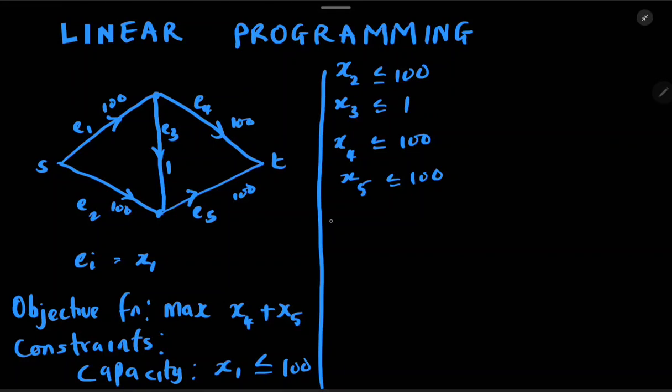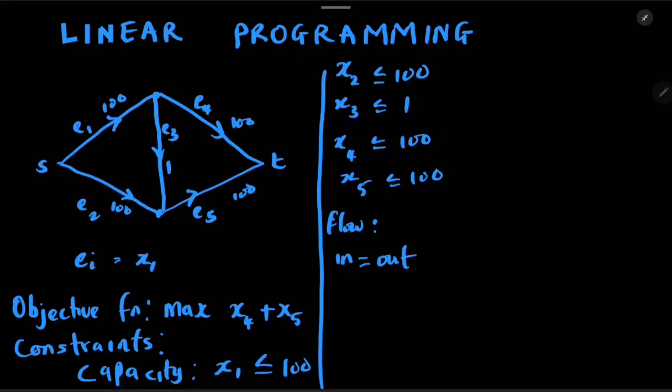We also have a flow constraint, or flow conservation, as the case may be. In the network flow problem, we said that for the flow constraints, we want our incoming flow to be equal to the outgoing flow, right? In equals out.